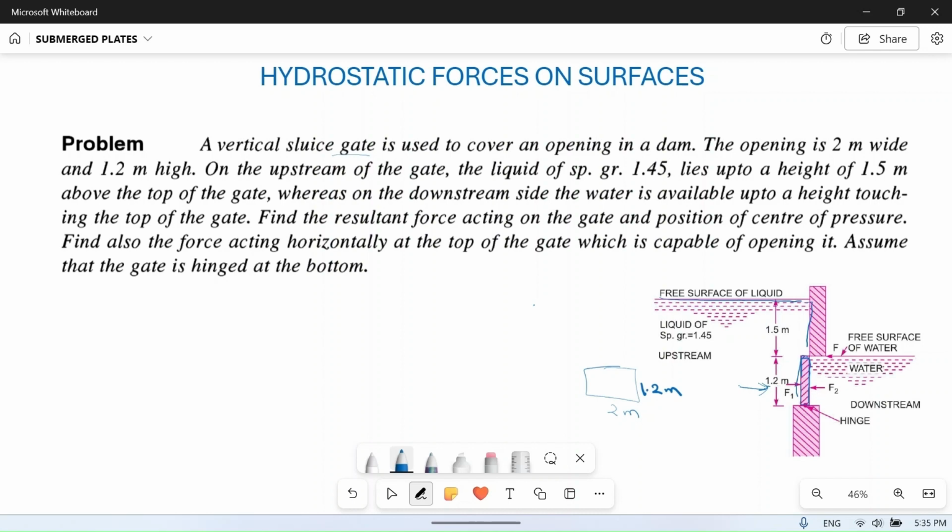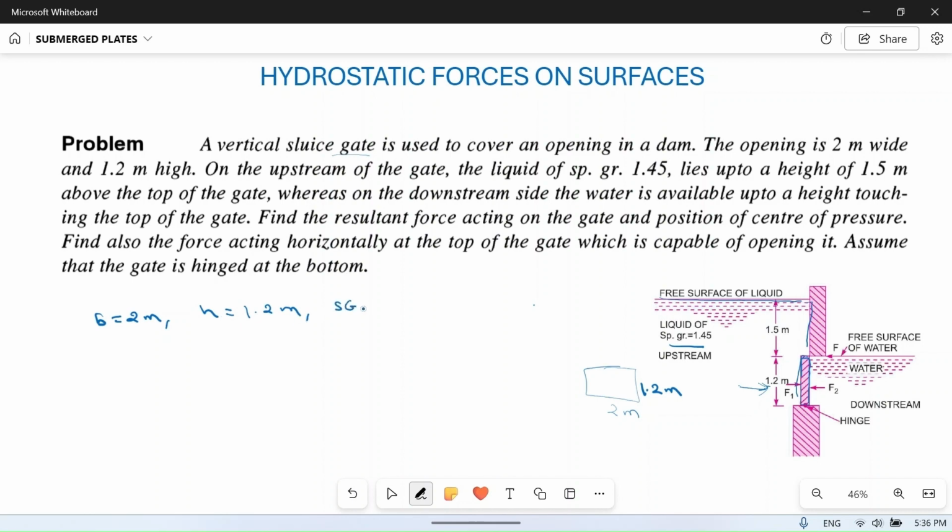Okay, on the upstream of the gate, the liquid has specific gravity of 1.45. So this liquid has a specific gravity of 1.45. We will note down the parameters so it will be easy. B is equal to 2 meter, H is equal to 1.2 meter.